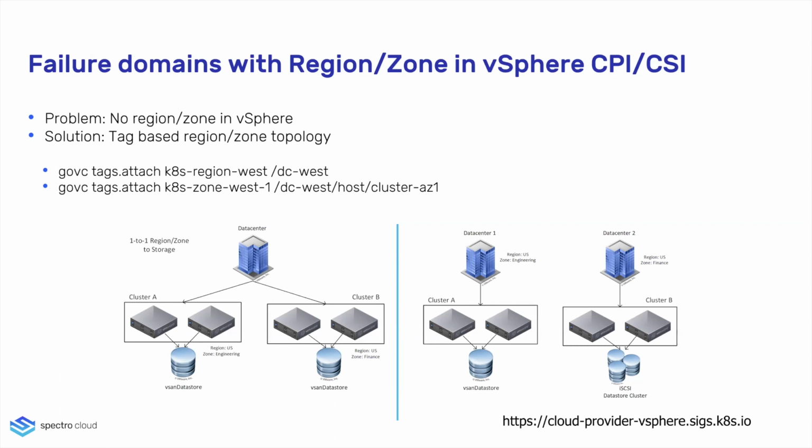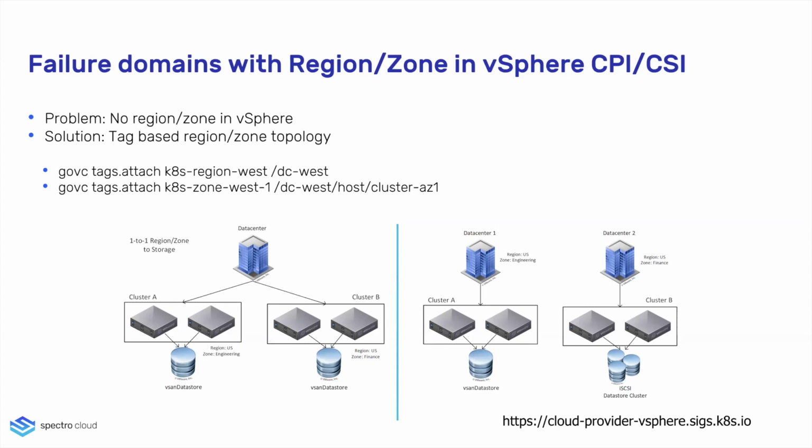I think with the tags as a loose coupling mechanism, the vSphere admin can create different topologies based on their specific requirements. For example, on the left-hand side, it shows a topology with mapping a data center to a region and multiple compute clusters within this data center to different zones.